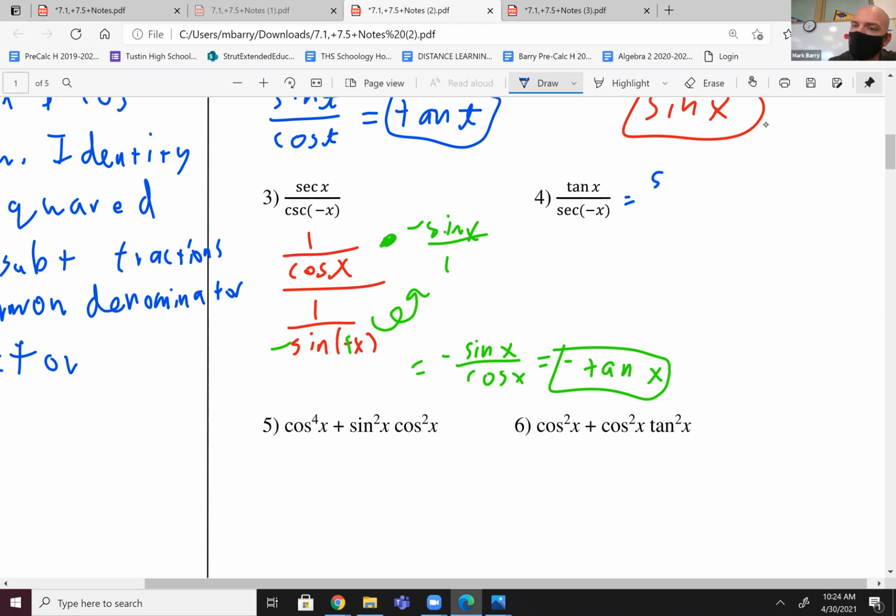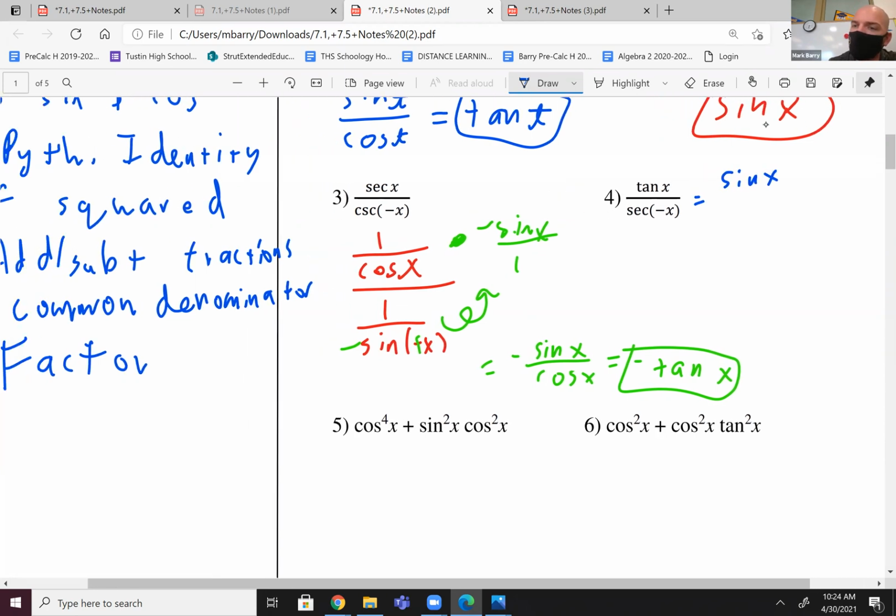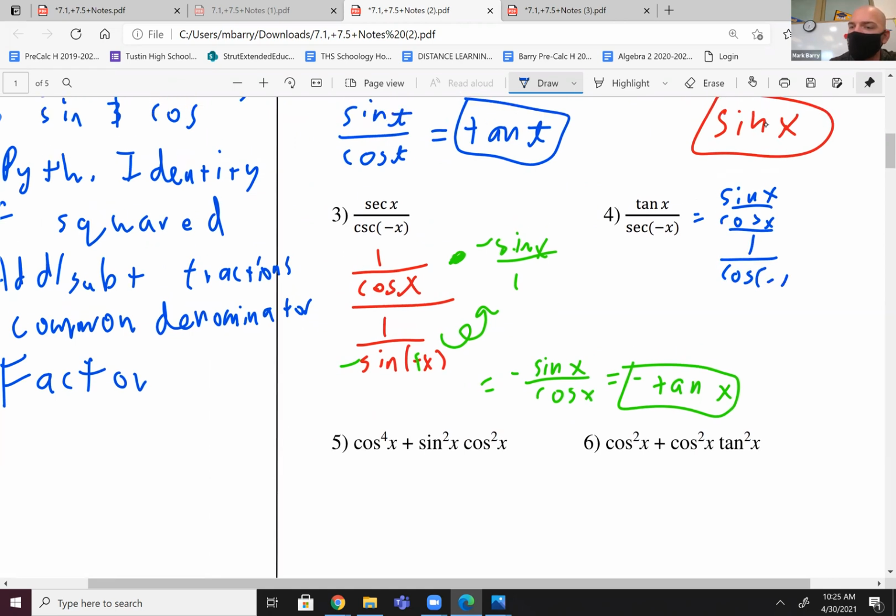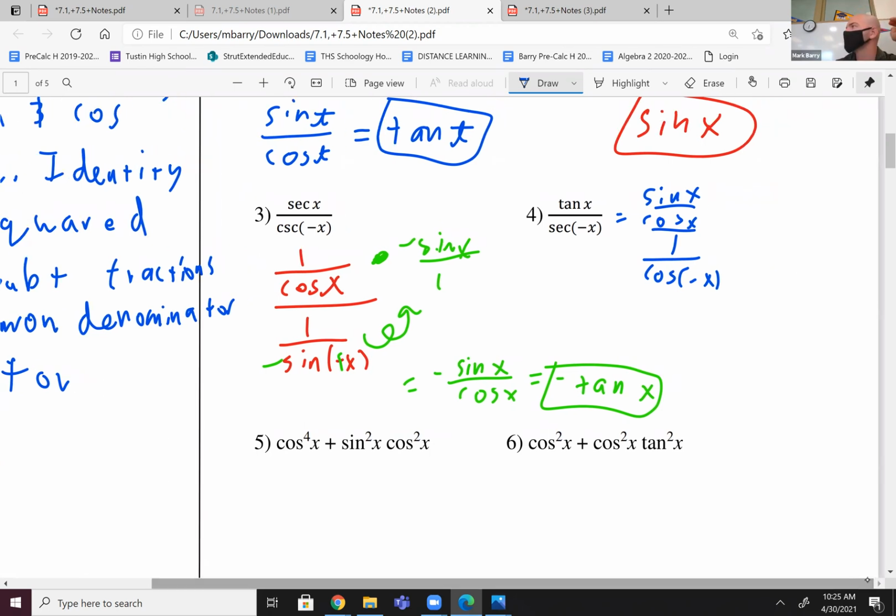All right, so this one we're going to go sine x over cosine x over 1 over cosine of negative x. So this time we have a negative inside of a cosine. So our rule for that one was that the negative inside of the cosine can just magically go away. So I'm just going to change that to a positive x.